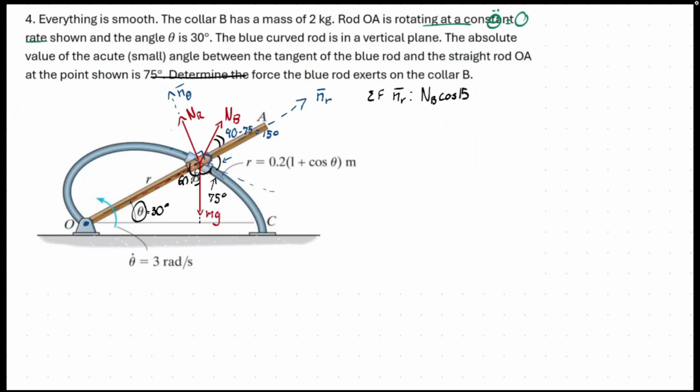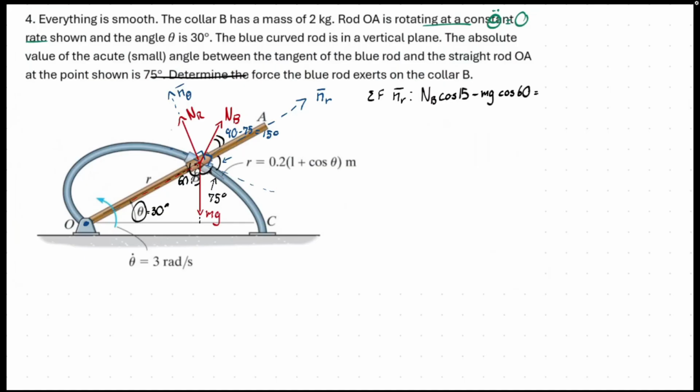It's just going to be the, what is this, the cosine or the sine of 60? Yeah, it's the cosine, because it's the side next to the angle. So that's moving in the opposite direction. So it's going to be minus the mg cosine of 60.